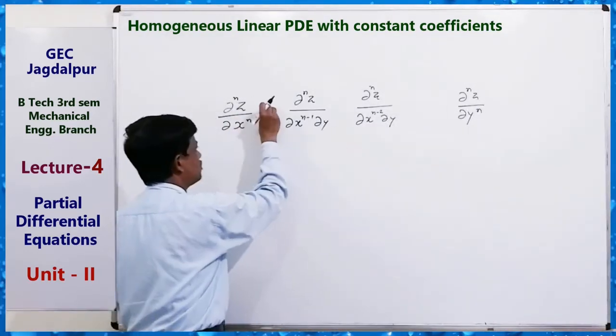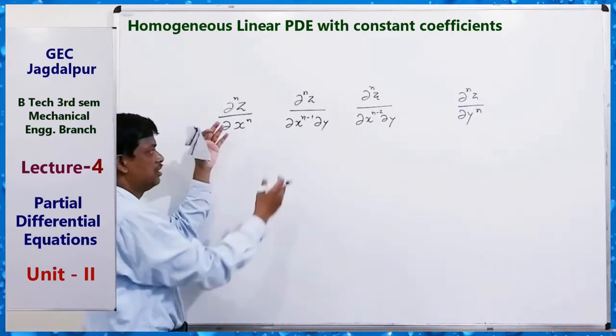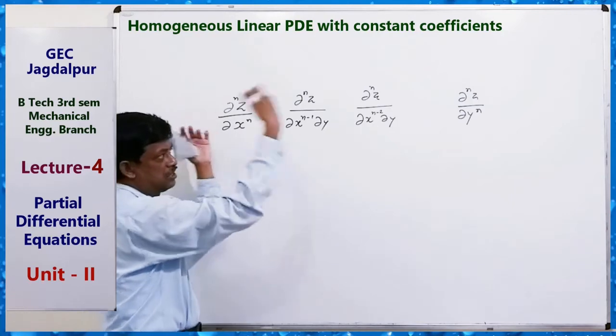These derivatives are combined with constants, and if there is a constant with the first term, then we can take it common and transfer it to the right hand side.